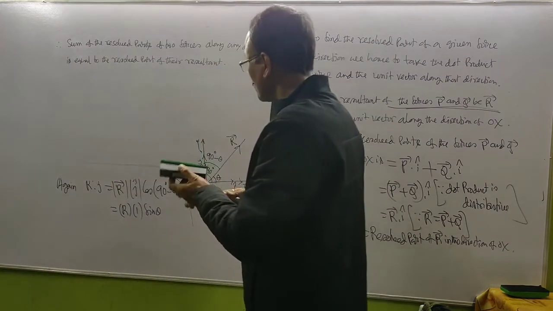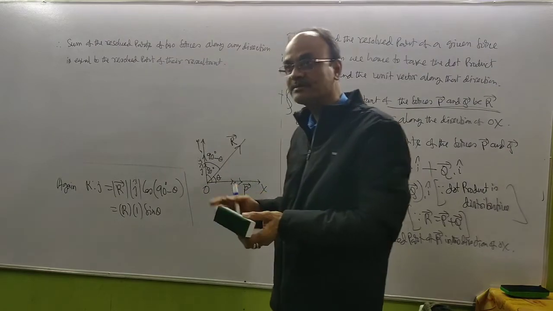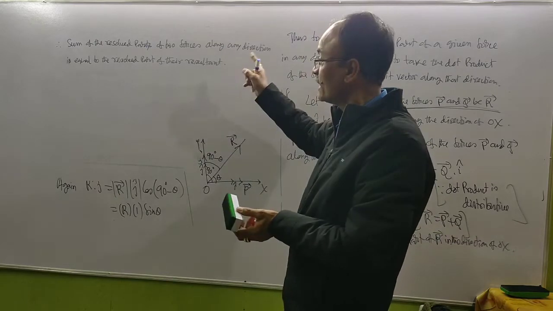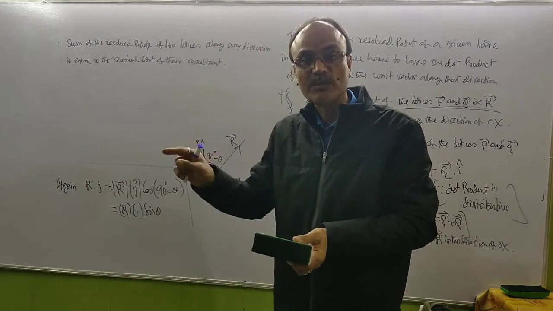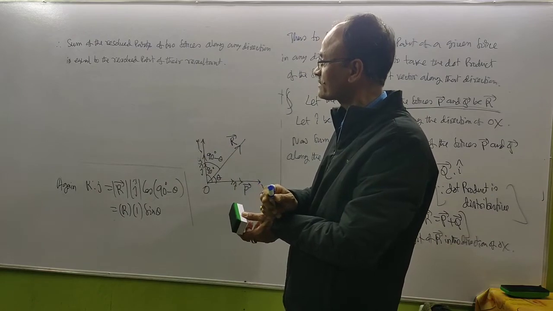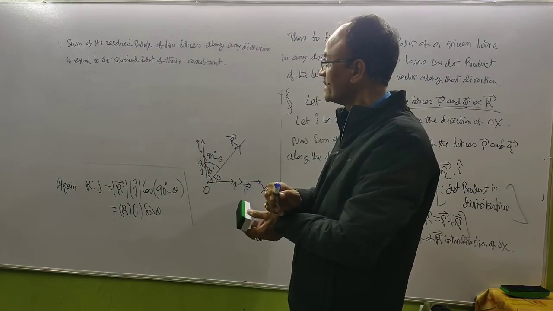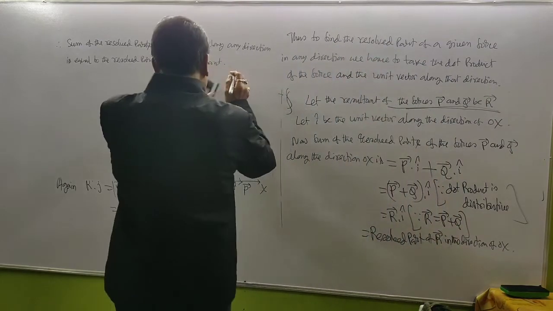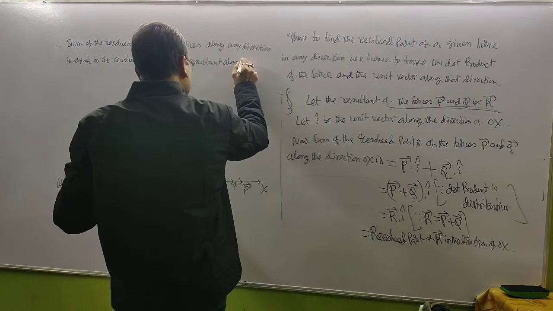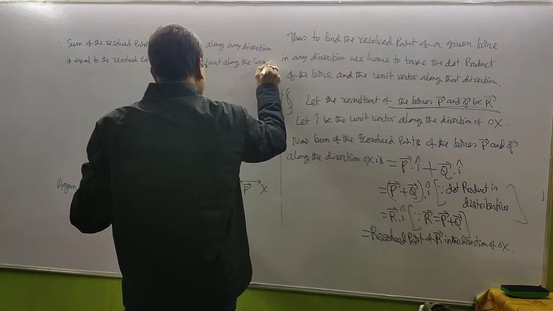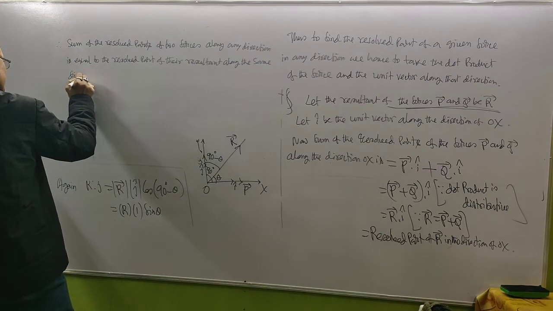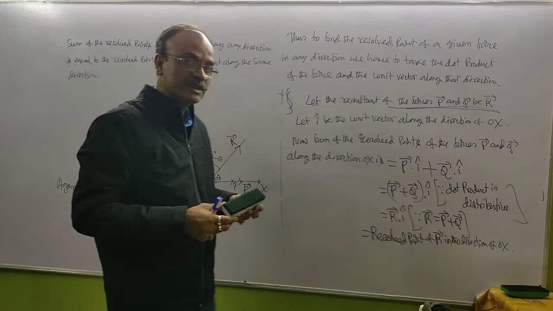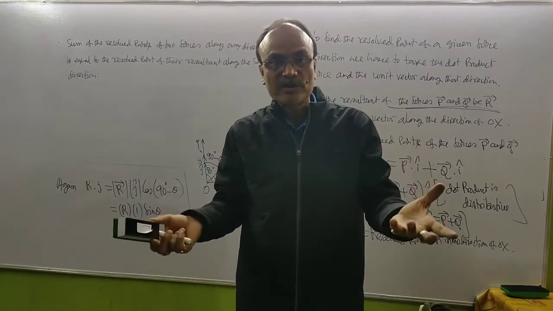Therefore, the sum of the resolved parts of two forces along any direction is equal to the resolved part of their resultant along the same direction.